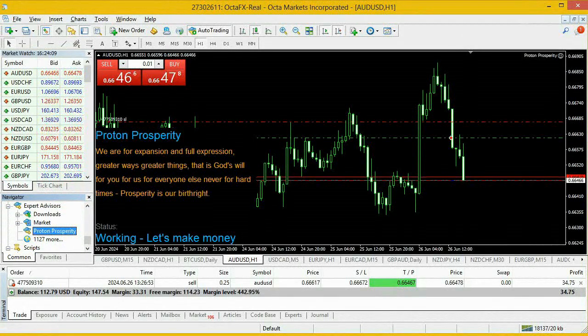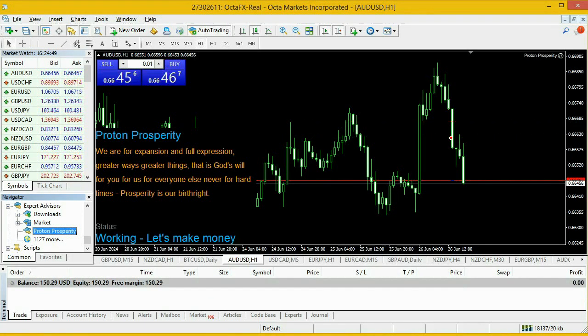Price is moving near our take profit. Eventually, take profit triggered.